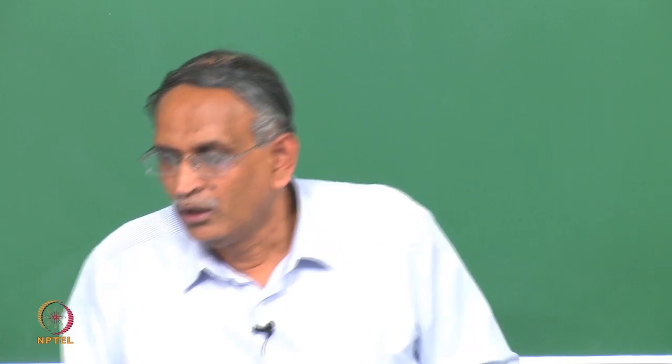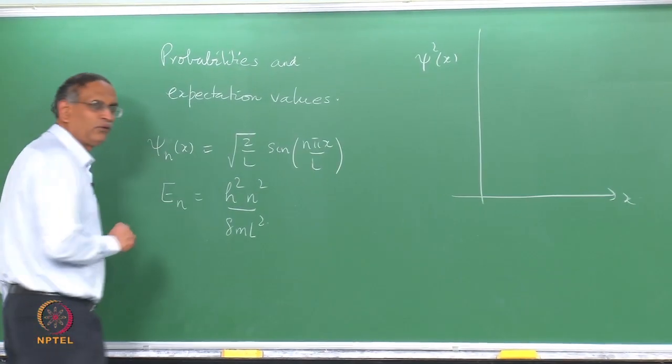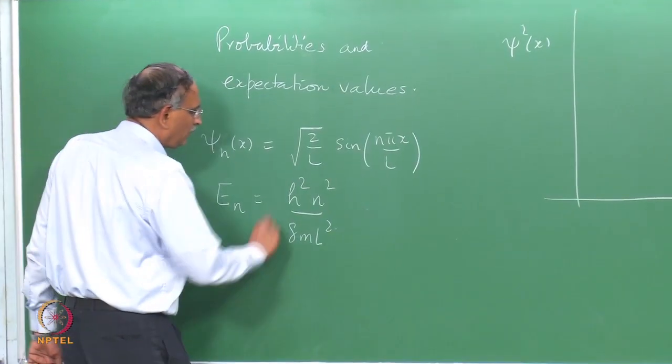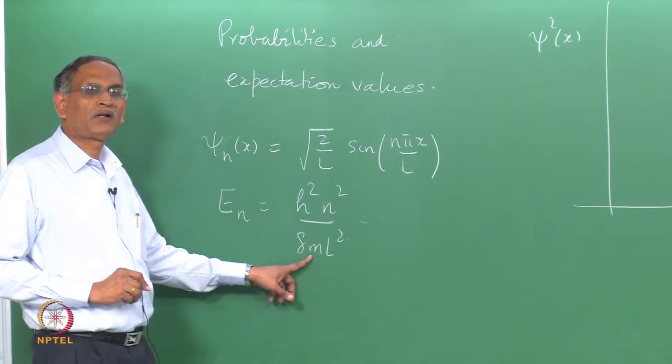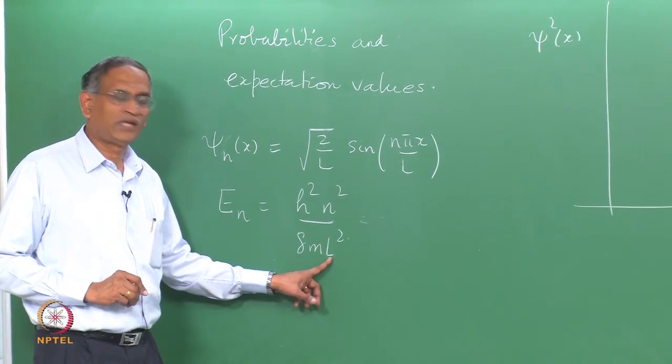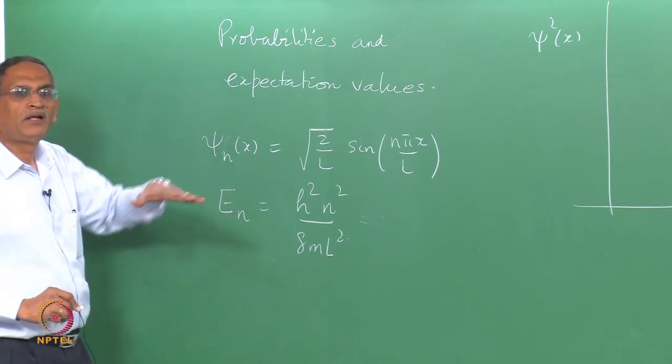Now, in the energy expression you have here, you remember h square and n square; the mass of the particle m and the length of the box L both determine the spread between different energies.